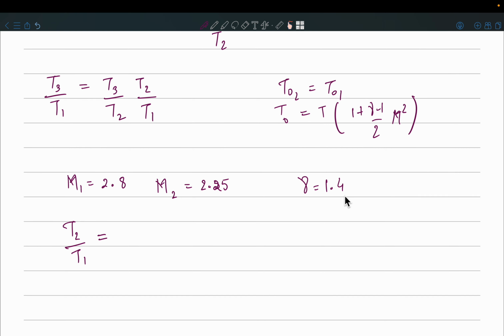T0 1 divided by T1. Okay, T0 1 by T1 is 0.568. You can just give me the value of T2 by T1 directly. Okay, fine. Go ahead. T0 2 by T2 is? Did I write something wrong? 0.568 or 0.618? Sorry, what is this value?